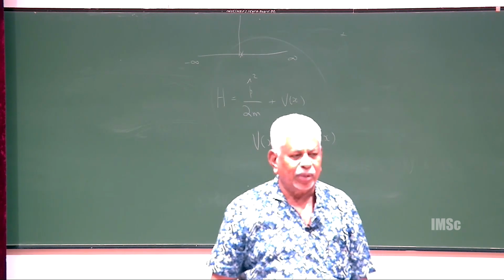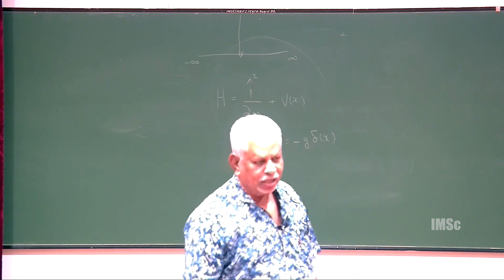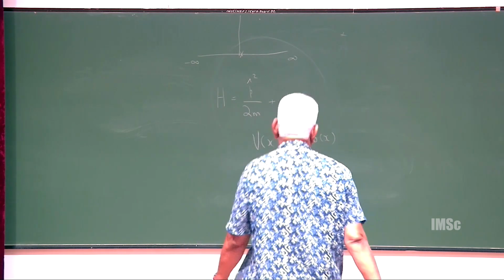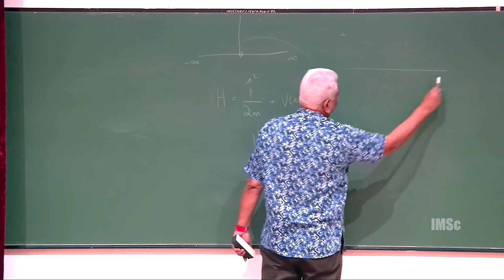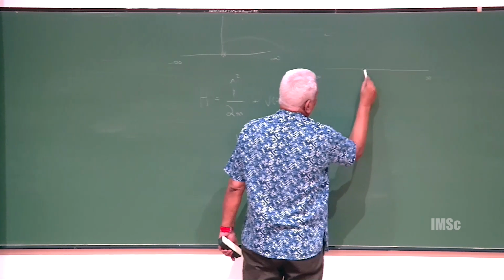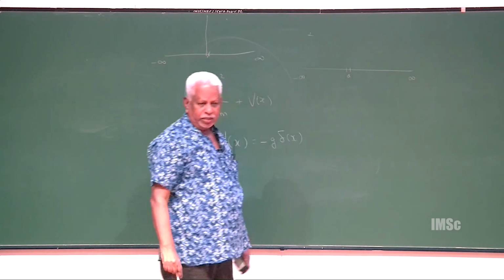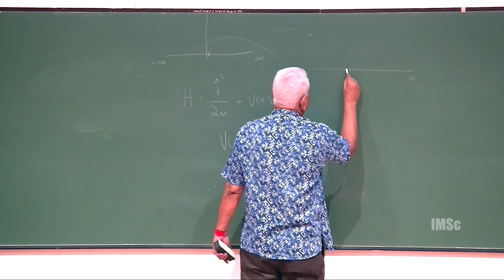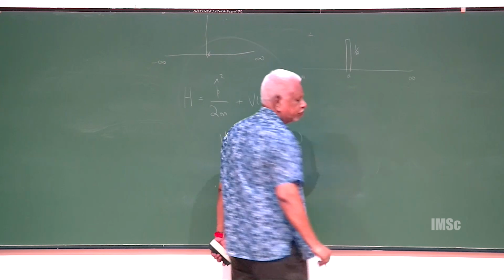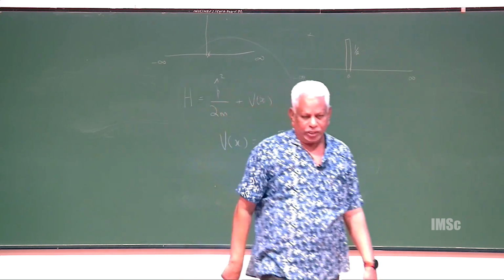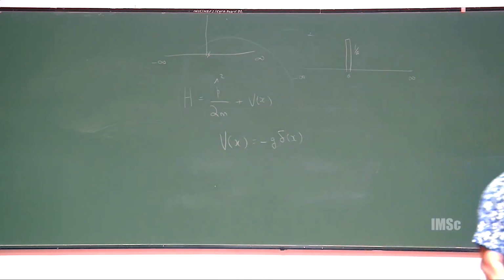But to understand it better in physics language, you have the line from minus infinity to plus infinity, and you have a small width A. At this point, you draw a rectangle with height 1 by A and width A. So what is the area of that rectangle? 1.